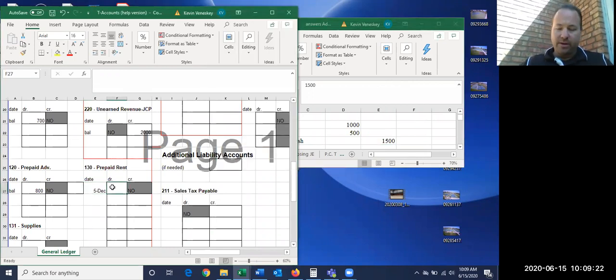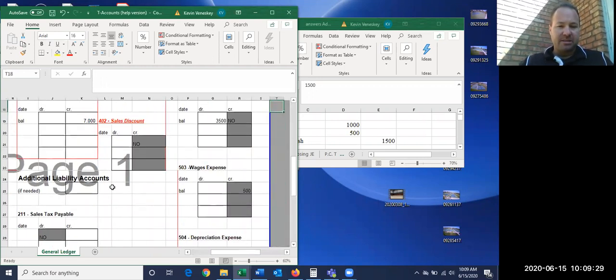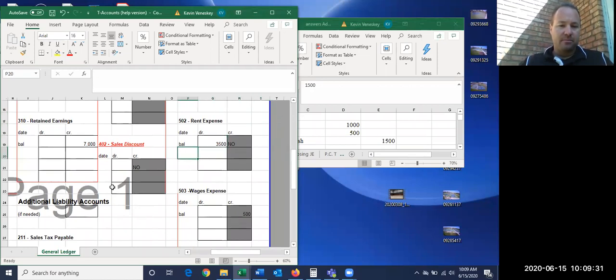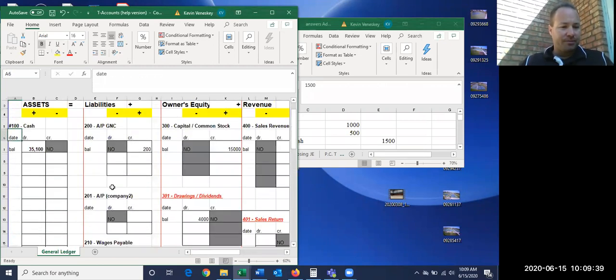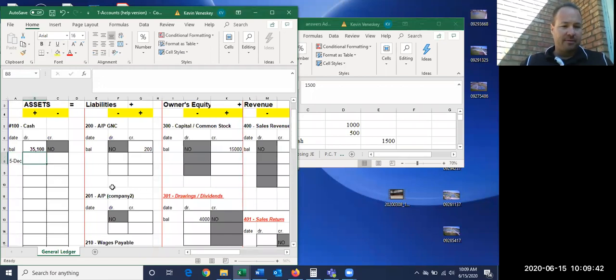Yep, 12/5. We have $1,000 of prepaid rent. We had rent expense on 12/5, another $500. And then I had cash on 12/5 of $1,500.